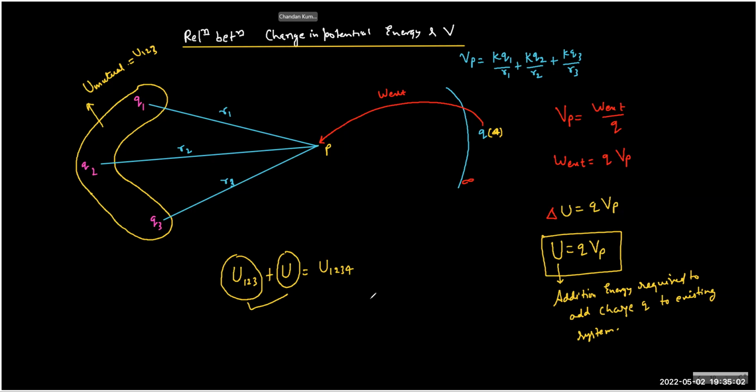Understood? Now, if I create a hypothetical universe and I'm not showing you any charge, I'm just telling you that this is a point at which the potential is 10 volt, and I want to bring a 2 coulomb charge from infinity to this point, then what is the work required?